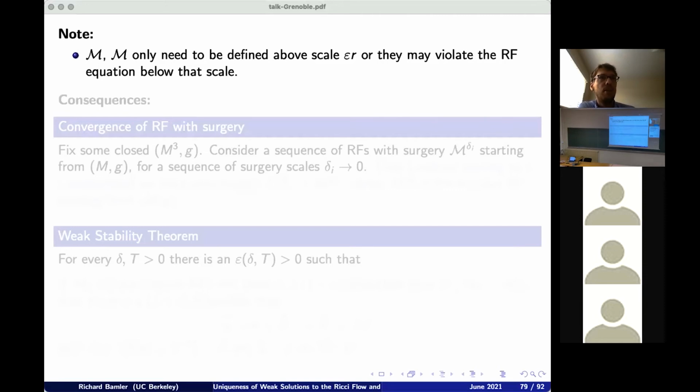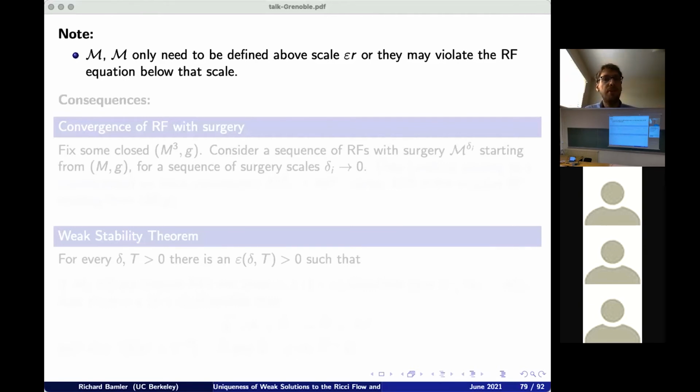They may do something completely different below the scale, and somehow the strong stability theorem would still be true. So there's some kind of censorship property that the strong stability theorem gives us. We really just need the Ricci flow equation to hold above scale epsilon r.